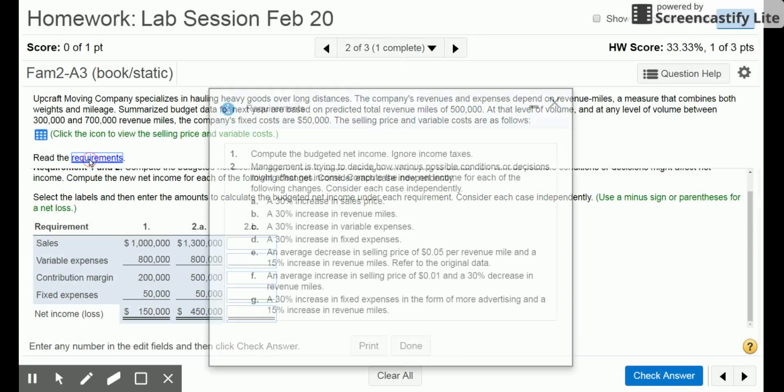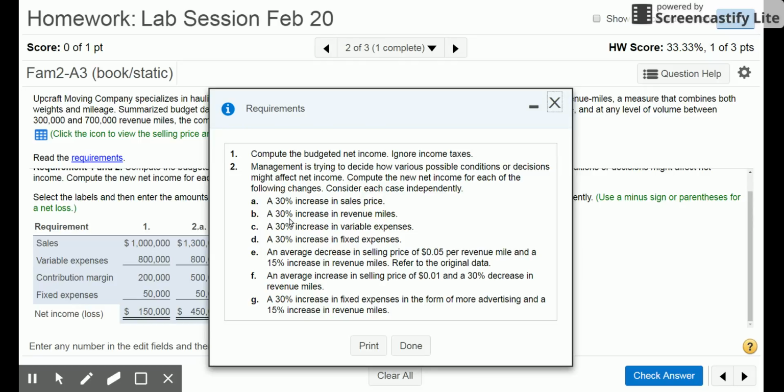Good. So the next part says 30% increase in revenue miles, and consider each case independently. Management is trying to decide and compute the new net income for each of the following changes.